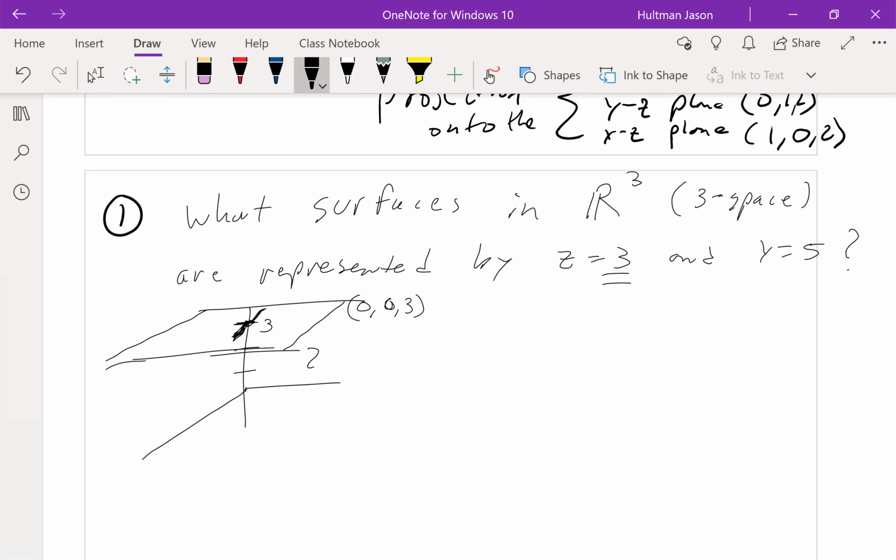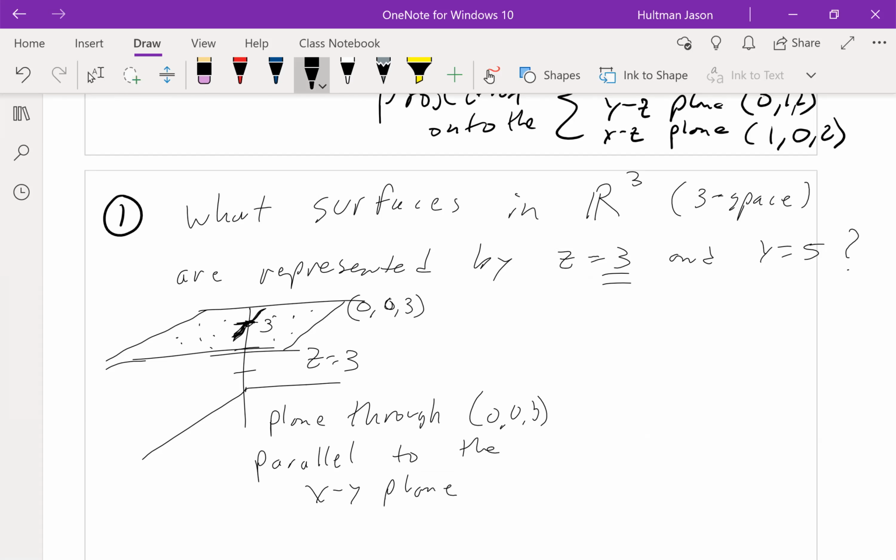This is Z equals 3. It doesn't matter where I'm at on this plane, the Z value is always 3. It's a plane through Z equals 3 that is parallel to the XY plane, or I could say the plane through 0, 0, 3, parallel to the XY plane.